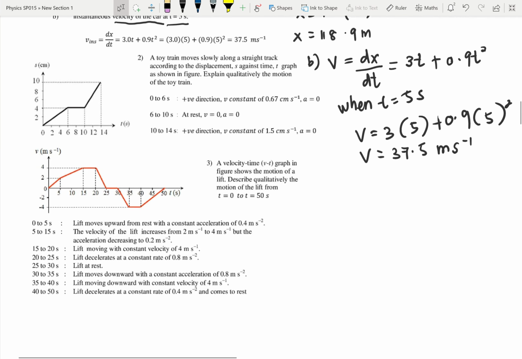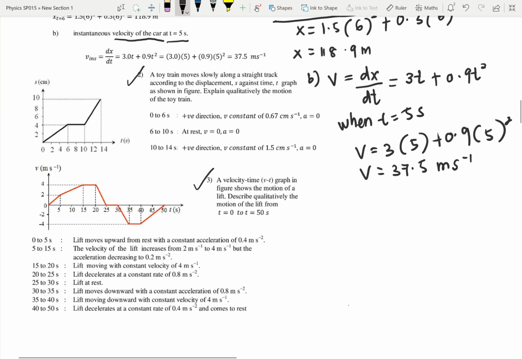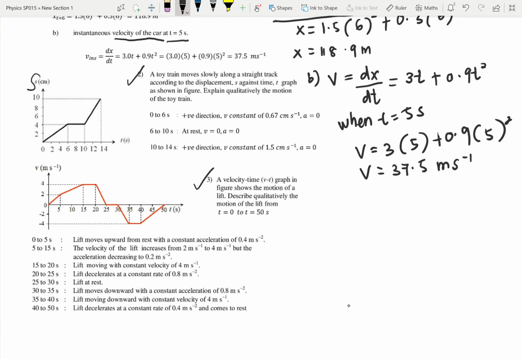Maybe you can try question number 2 and number 3. For number 2, we are given the graph of s against t, and the s is in unit cm and t in unit second.